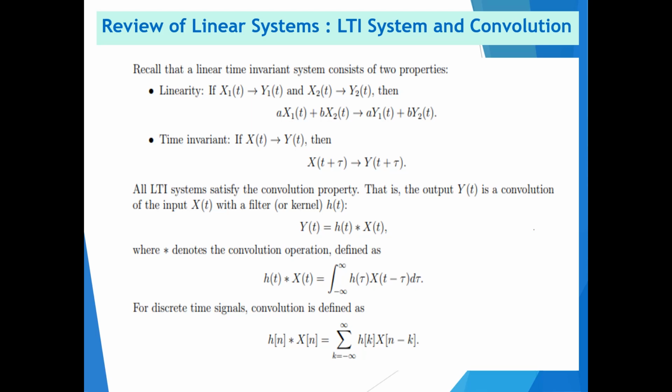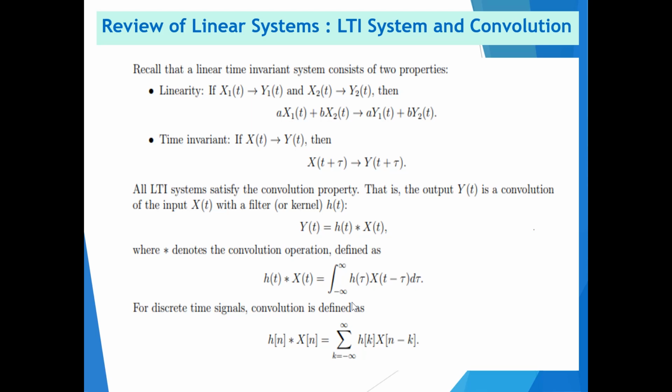All LTI systems satisfy the convolution property. That is, the output y(t) is a convolution of input x(t) with a filter h(t). Now we can say that y(t) is equal to h(t) convolved with x(t). Here this star denotes the convolution operation, defined as h(t) convolved with x(t), that is nothing but the integration from minus infinity to infinity of h(tau) x(t minus tau) d tau.